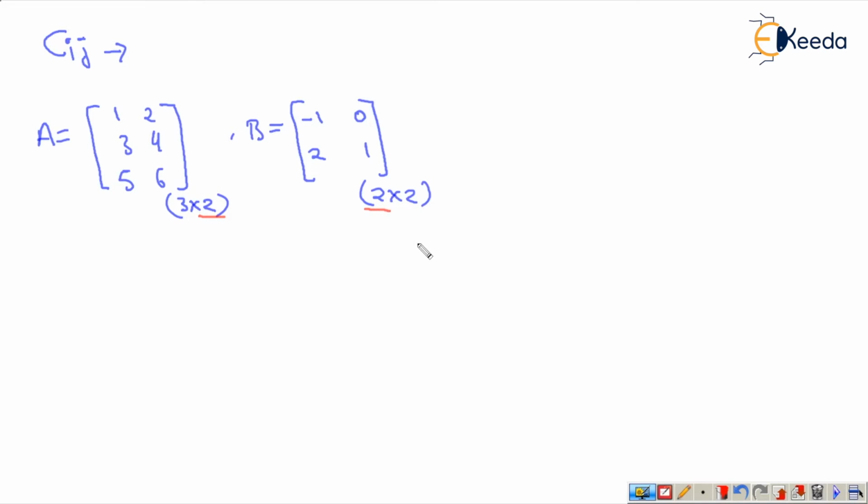So if we multiply A, B, we'll get C, and the dimension is going to be 3 cross 2. So this is 3 cross 2, right? How? We'll see that. So this AB is 1, 2, 3, 4.